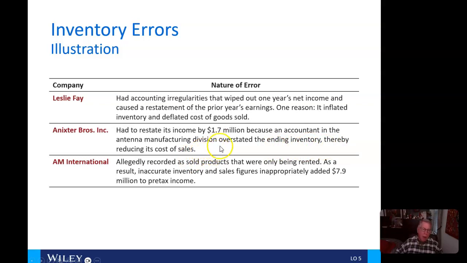Of course, it made the profits look better for that particular year, and then probably manipulated by the accountant in this case. AM International allegedly recorded as sold products that were only being rented. As a result, inaccurate inventory and sales figures inappropriately added 7.9 million to pre-tax income.